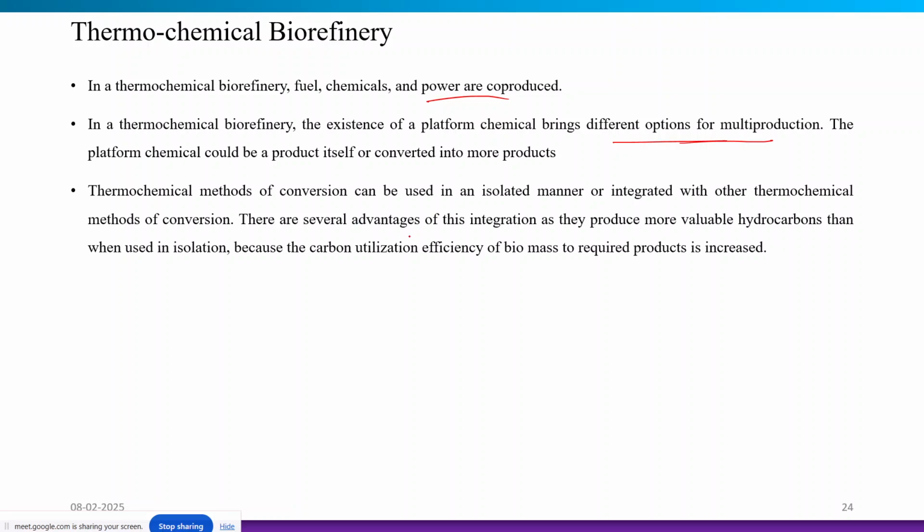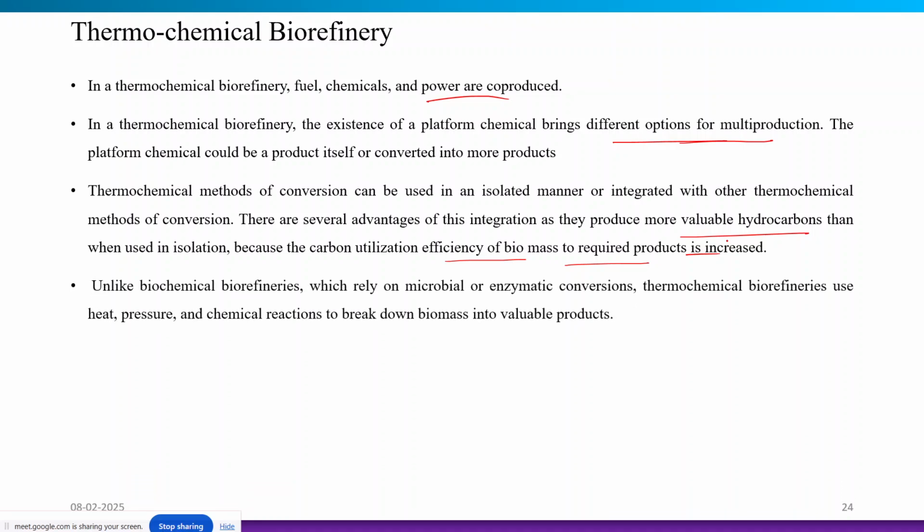So there are several advantages of this integration, as they produce more valuable hydrocarbon than when it is used in isolation. So when it is used in the integration biorefinery concept, there we will get more valuable hydrocarbons as an output, because the carbon utilization efficiency of the biomass to required products is increased in that case of integration.